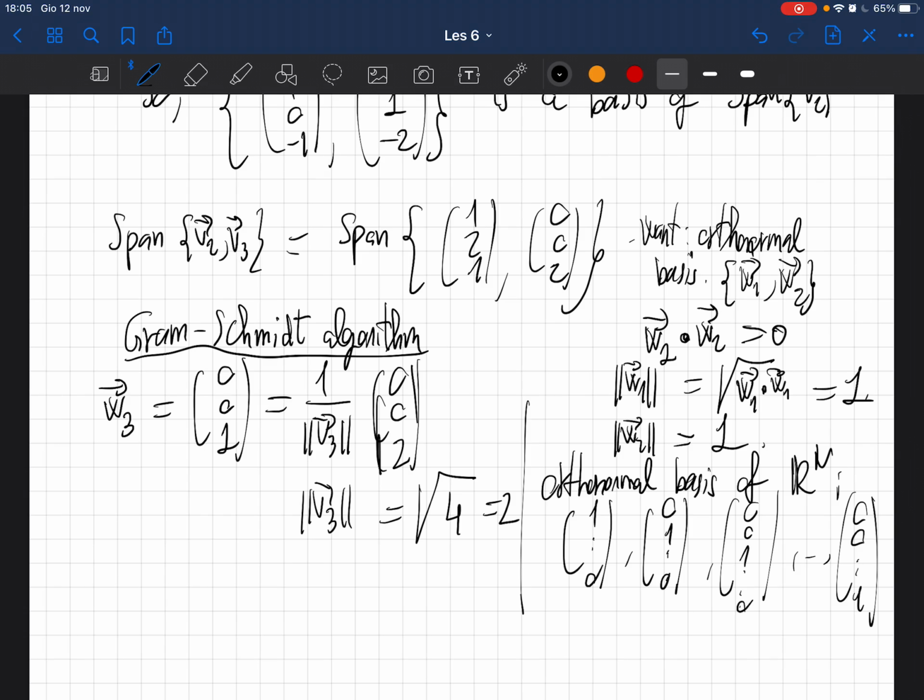And then the trick is you consider u2. The idea is that you take v2 minus the projection on the span of this one.